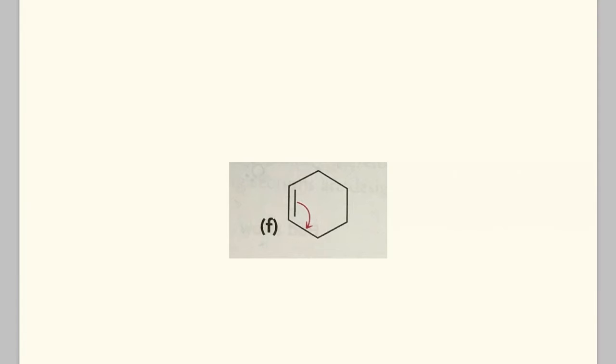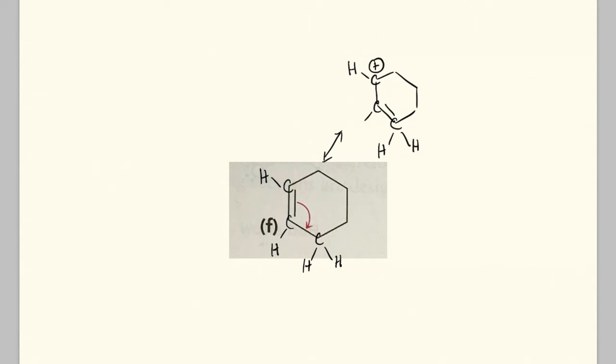Here's another curved arrow. It appears to be fine, but let's draw in the carbon atoms and the hydrogen atoms that are involved in this. And when we draw the resonance structure, making sure to include all the hydrogens, we can get a better look at what's going on.